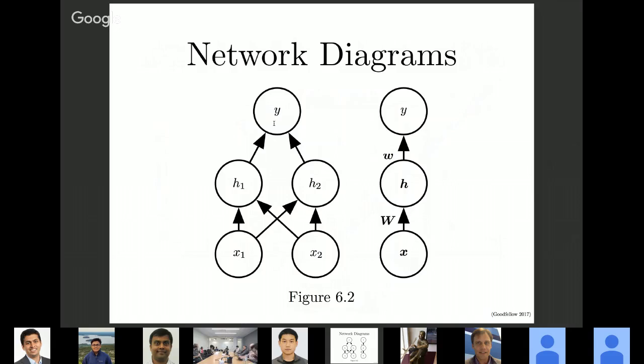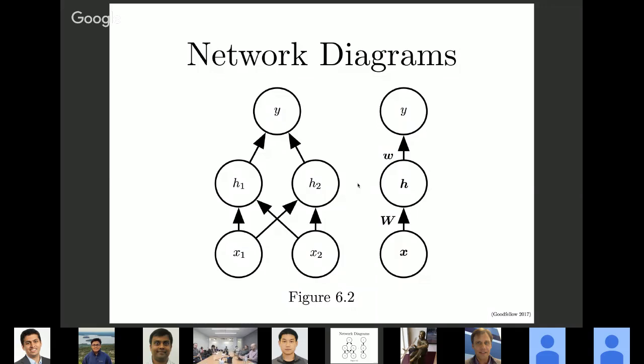Okay, thanks. All right, so looking back at this diagram from figure 6.2, we have two different ways that we can draw the same neural net. On the left, we actually show a separate node for every individual feature. On the right, we've collapsed it so that we show one node per vector value in the network.